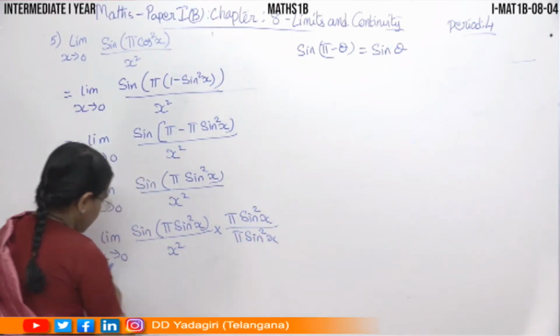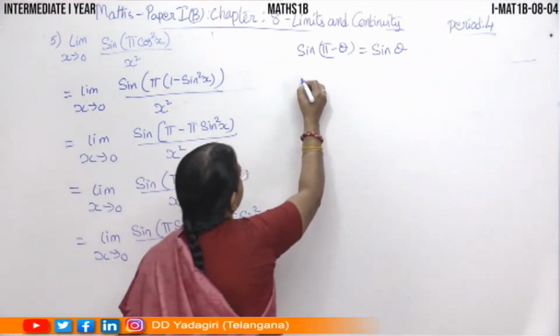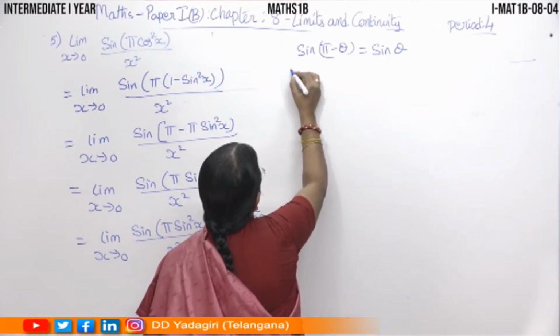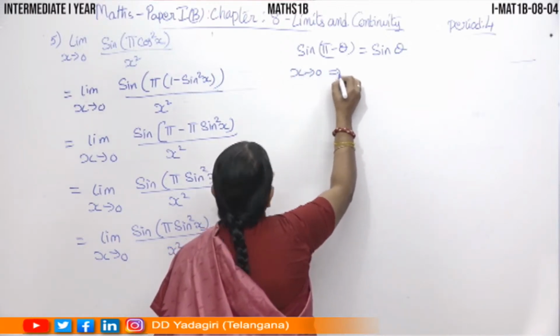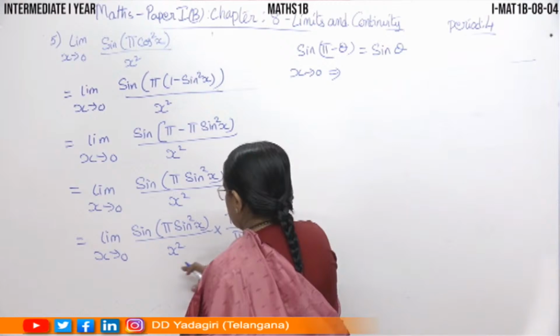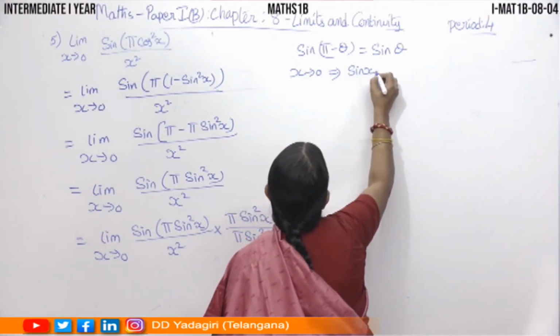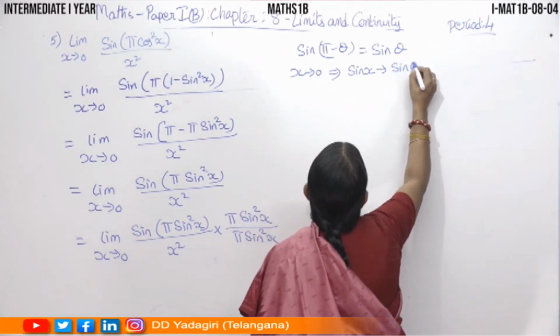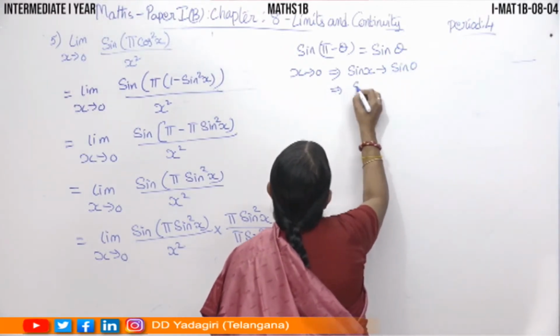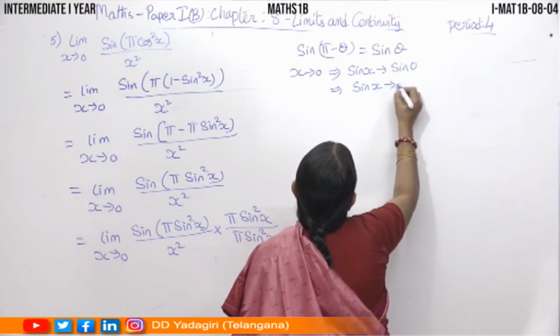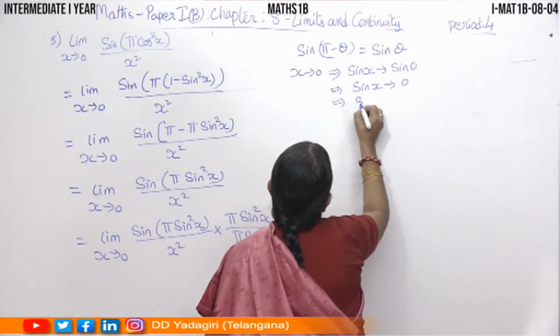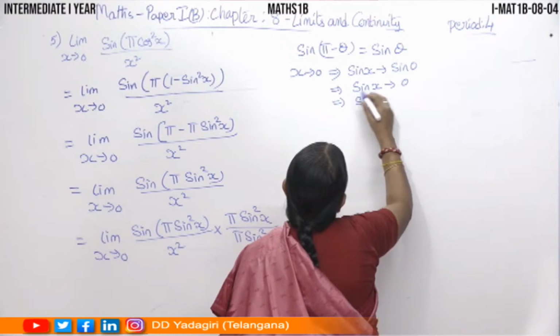Now as x tends to 0, sin x also tends to 0. Sin x tends to sin 0, and sin 0 is 0 only. So that means sin x tends to 0. So sin square x tends to 0, squaring on both sides.